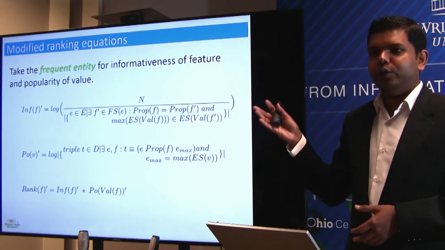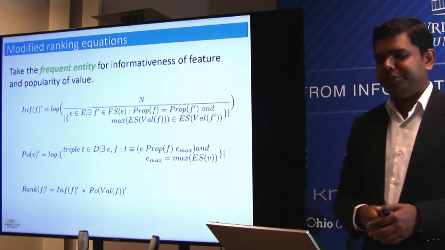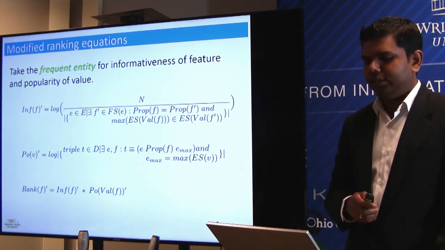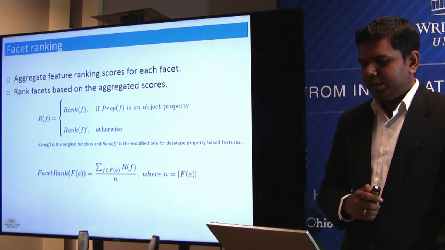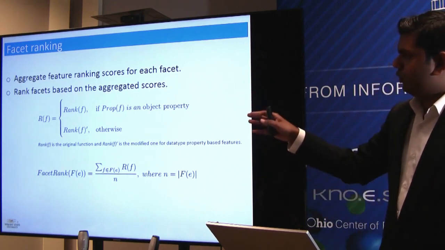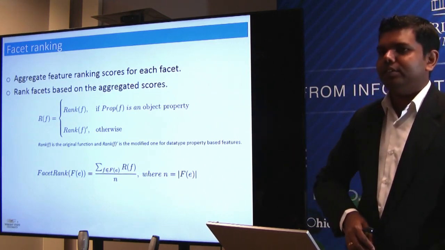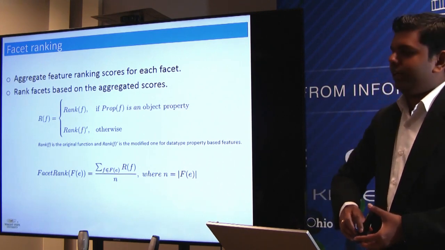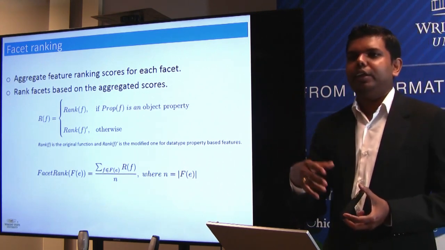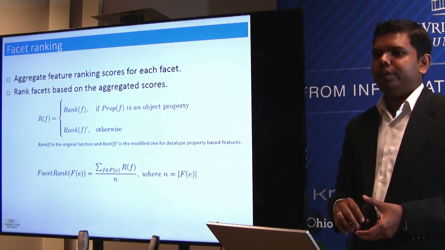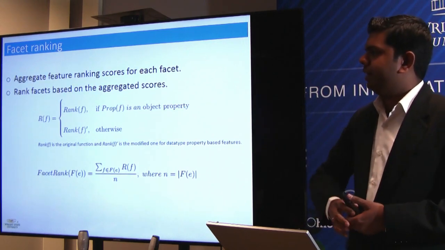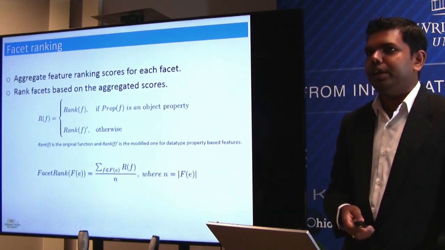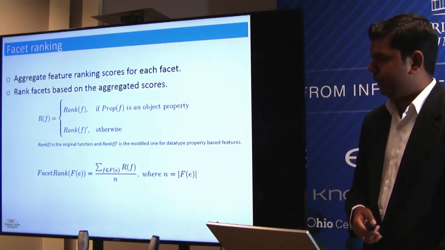So I'm not going into details, but we can come back if we have questions. This is the modification to the ranking that we do. We also rank facets. Dr. K.K. Chen's question was that earlier, the picking of the groups was random, and we take the average scores for each facet, and then we have a ranking mechanism for groups here.